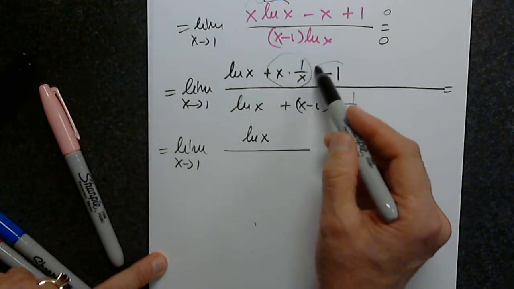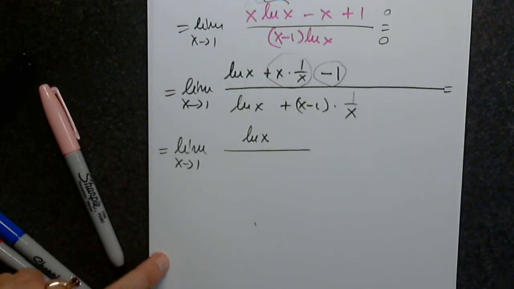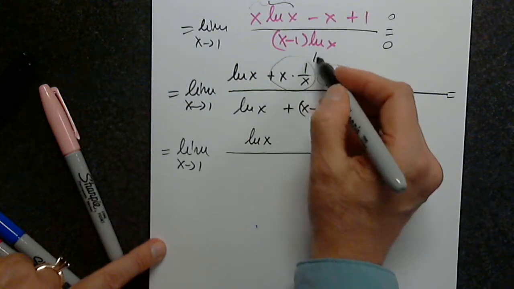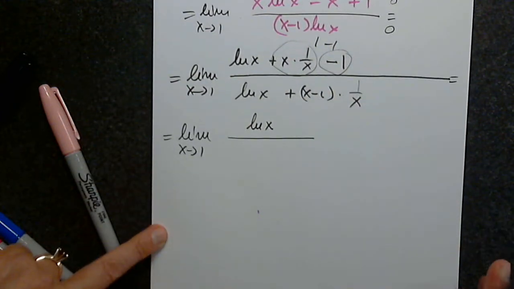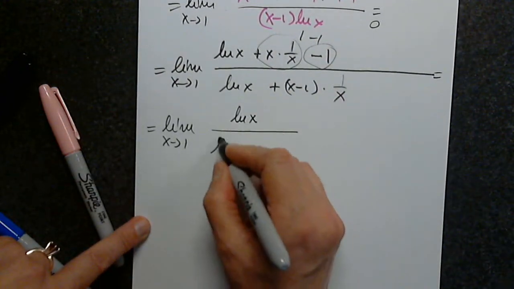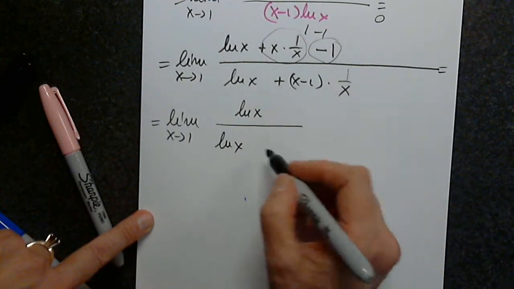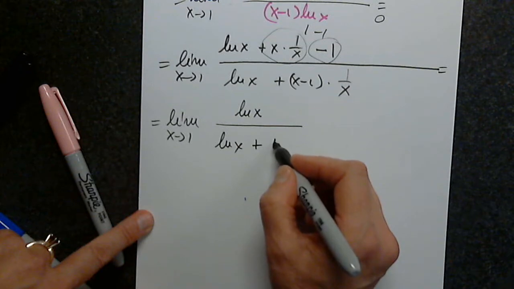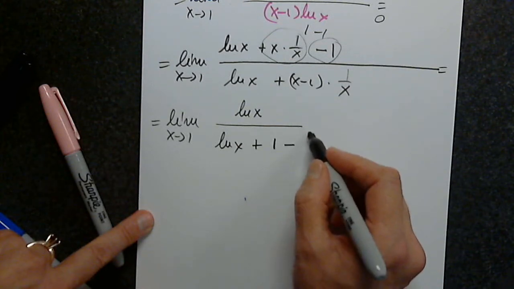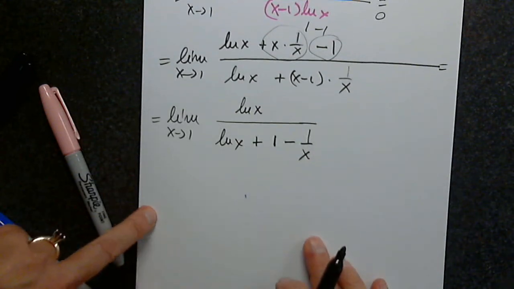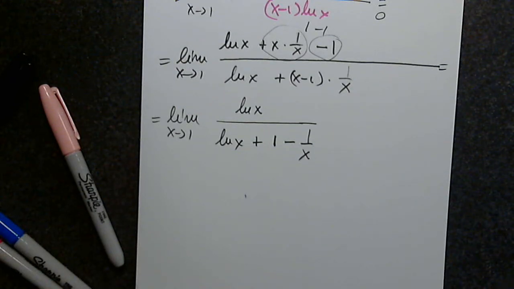But this 1 with the minus 1 will cancel out. Would you agree? So this is 1 minus 1, which is 0. So that's what is left from the top. The denominator has natural log x. Now I will distribute. How much is x times 1 over x? X times 1 over x is 1. And we get negative 1 times 1 over x, which is negative 1 over x.